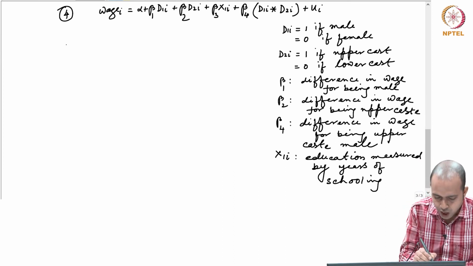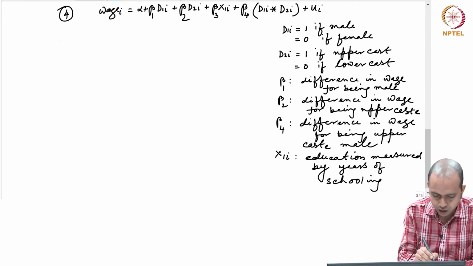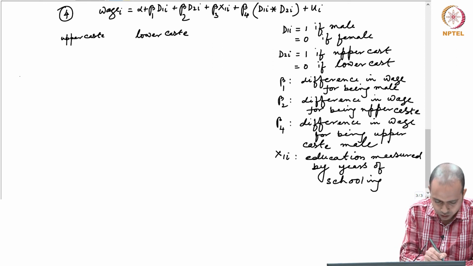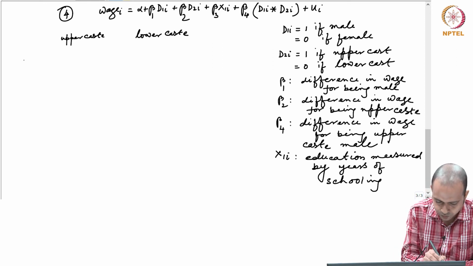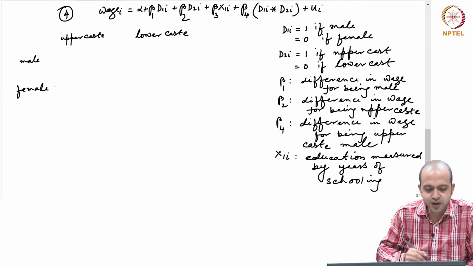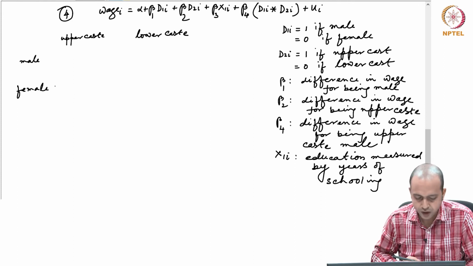I will put here upper caste, this is lower caste, then here it is male, and here it is female. Okay, so I will get several cases.